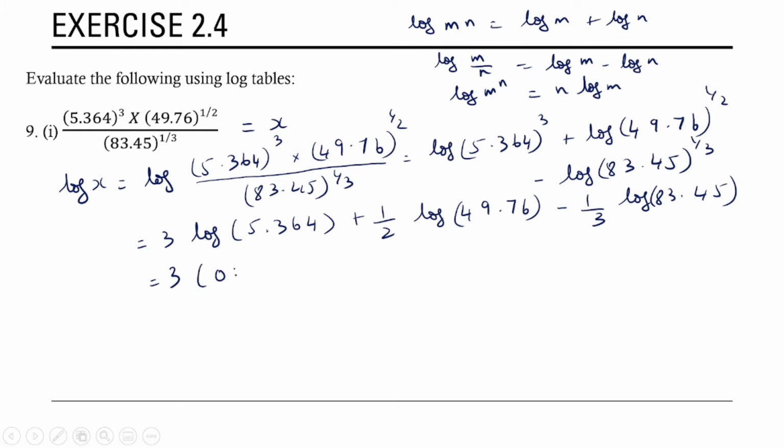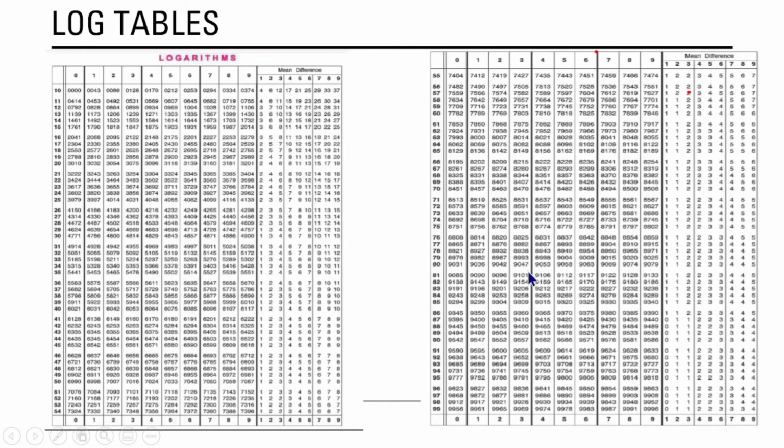So 0 point, we have to see row 53, then column 6 and add the mean difference corresponding to the next digit, which is 4. So here row 53 and then column 6, it is 7292 and the next digit is 4.